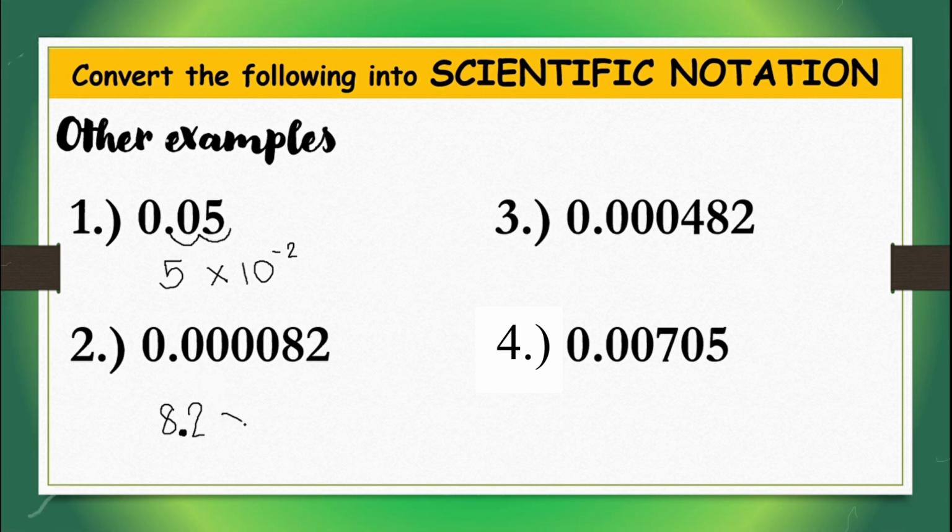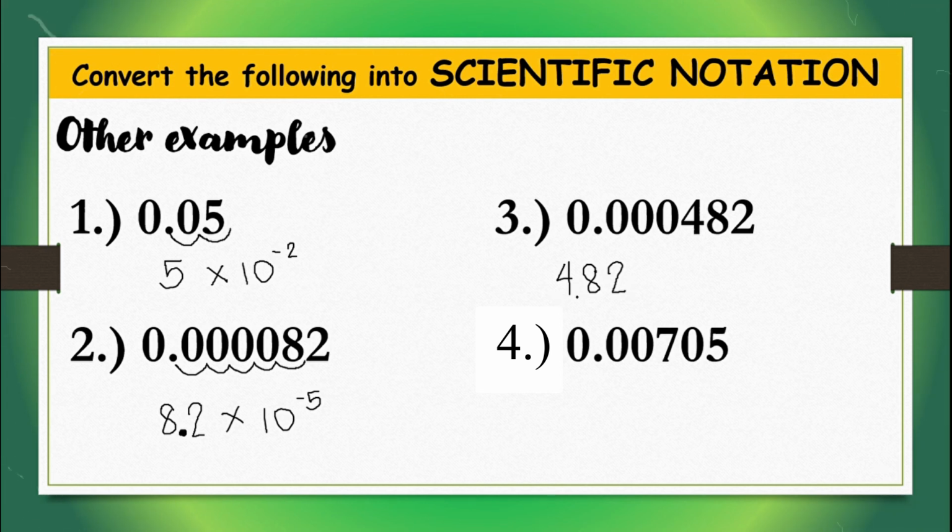Then, we have to count the number of movements of the decimal point. So we have 1, 2, 3, 4, 5. So 8.2 times 10 raised to negative 5.